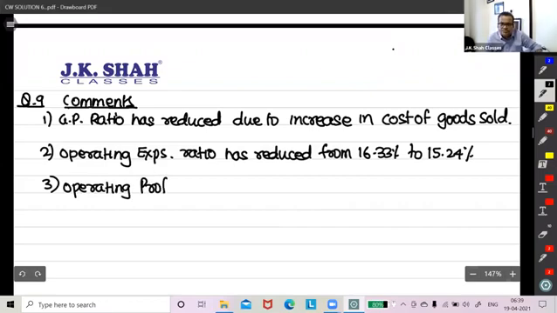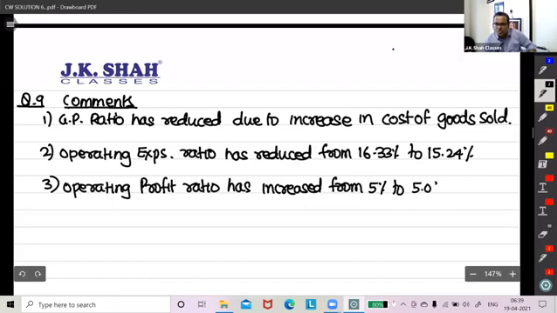Operating profit ratio has increased from 5% to 5.08%. Correct, people? Yes.